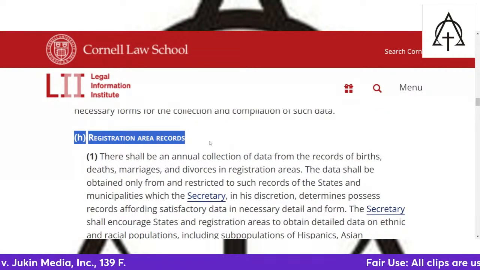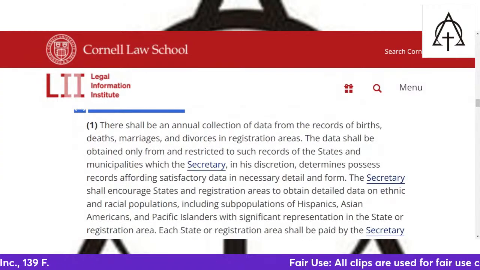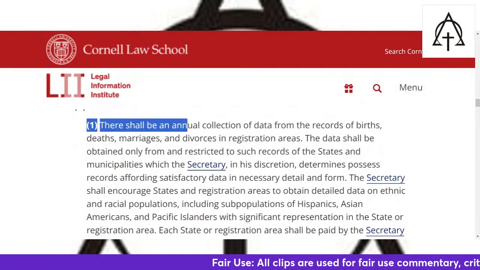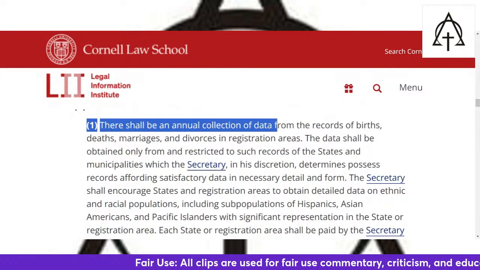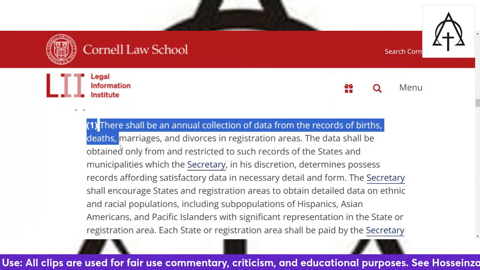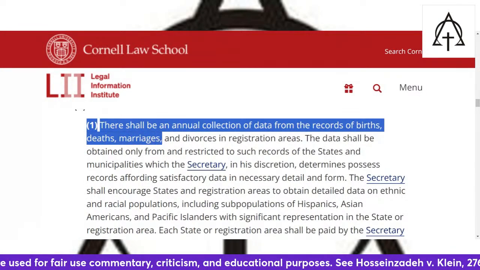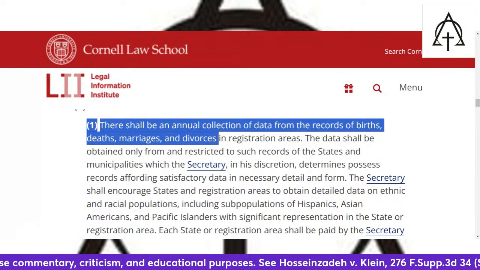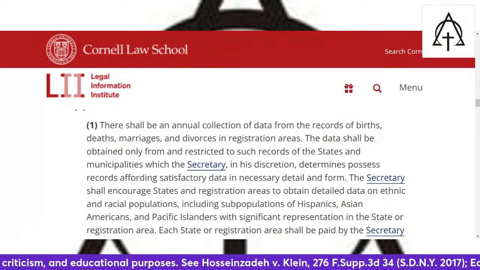Registration area records. There shall be an annual collection of data from the records of births, deaths, marriages, and divorces in registration areas.